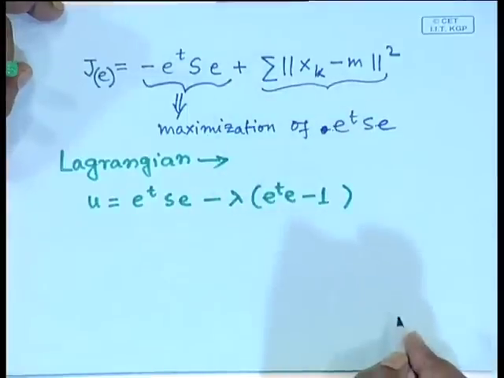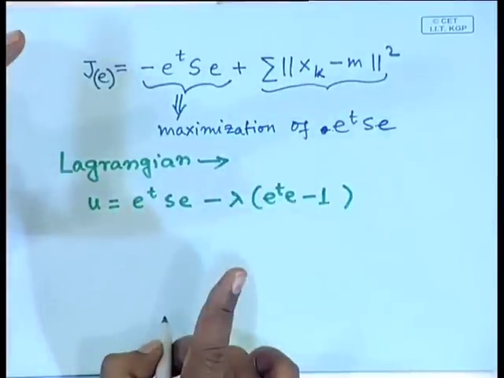So, I have to maximize this using Lagrangian subject to the constraint that mod of E is equal to 1.